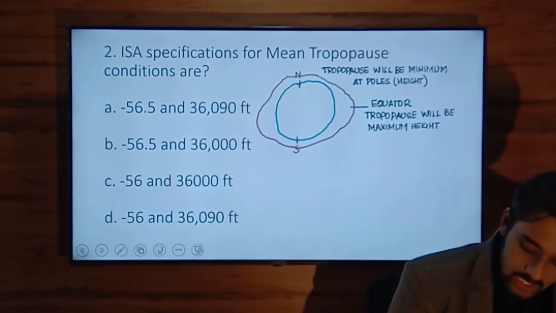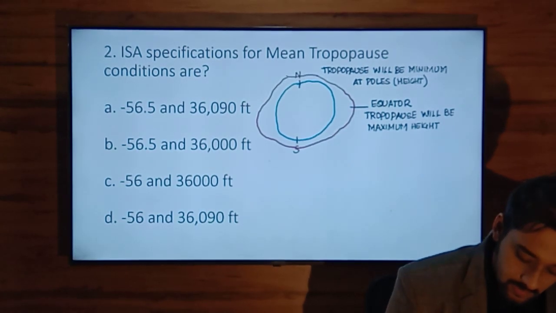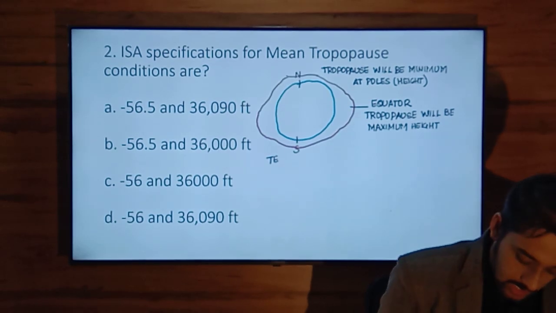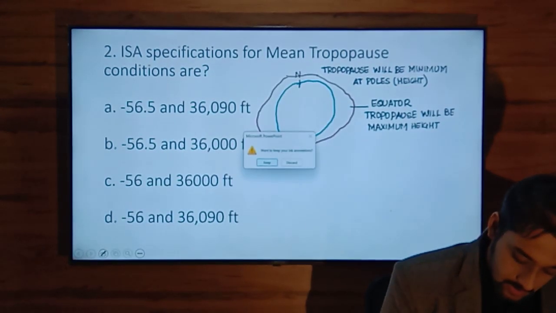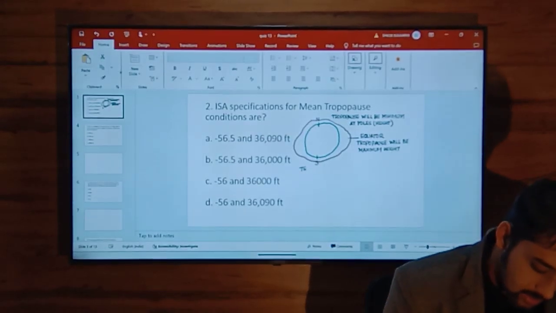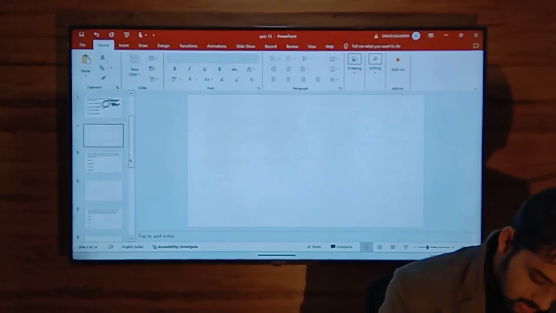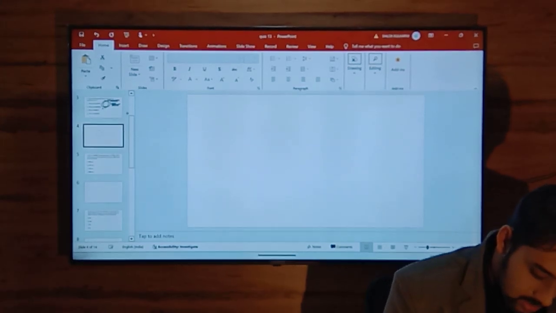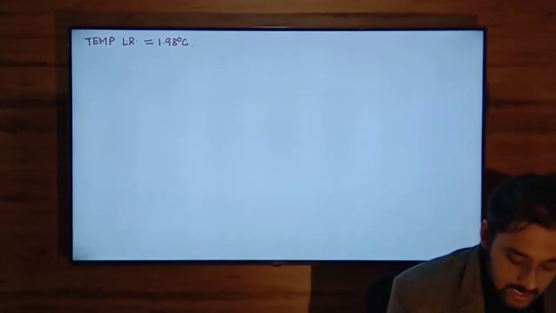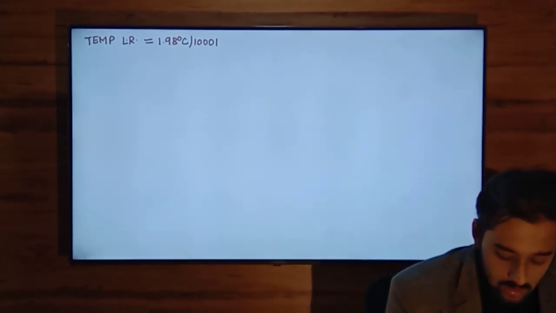Okay, so temperature lapse rate is what? Your temperature lapse rate in ISA is 1.98 degrees Celsius every 1000 feet.